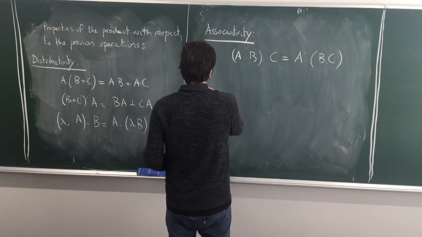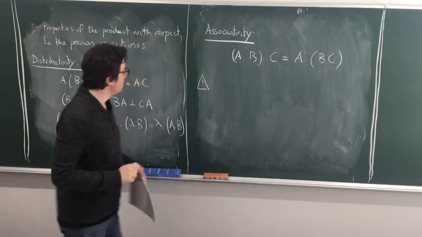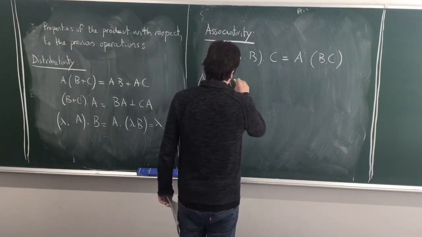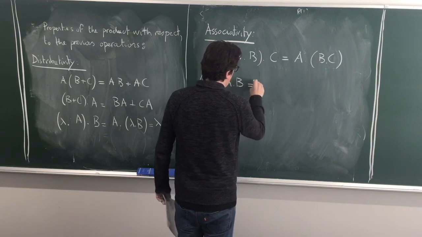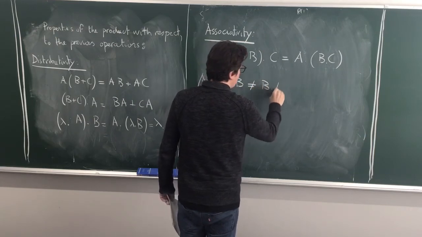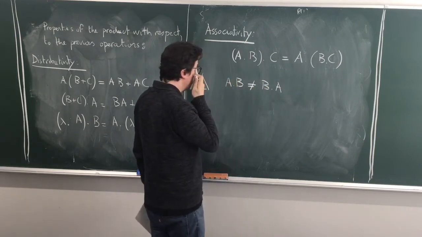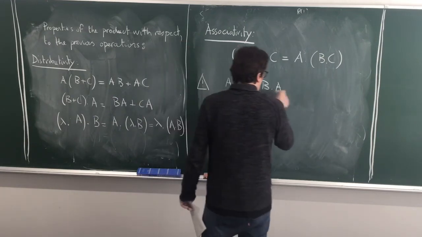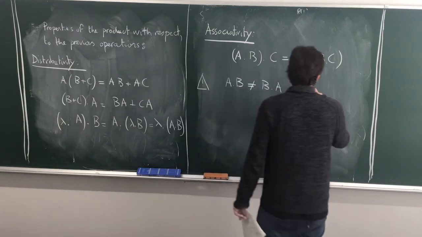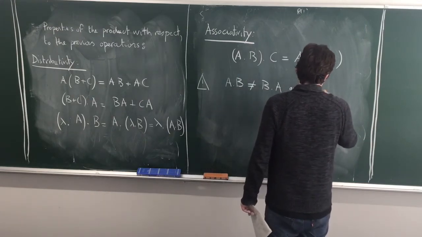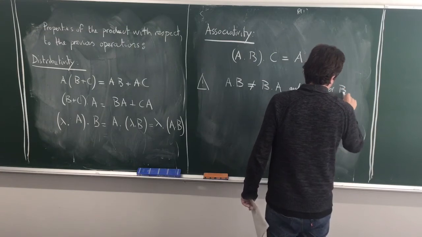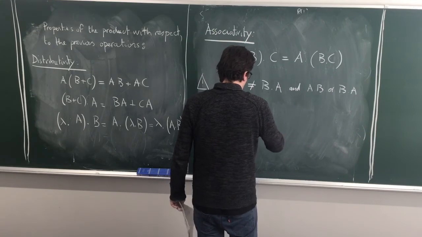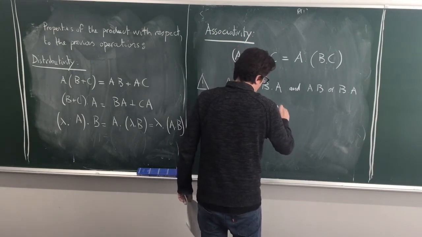So maybe I put a danger sign here: A times B is not in general equal to B times A. And even more, B times A might not be possible.